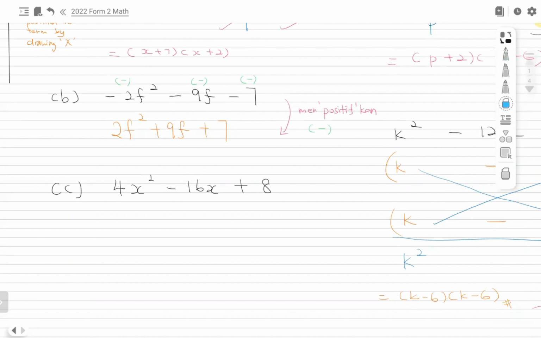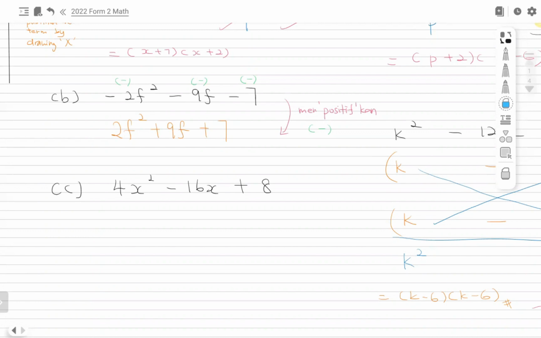So the third scenario, whereby you check the numbers: 4x squared minus 16x plus 8. 4, 16, and 8. All the numbers can be divided by 4. So you have to simplify first before you do the factorization. Must.